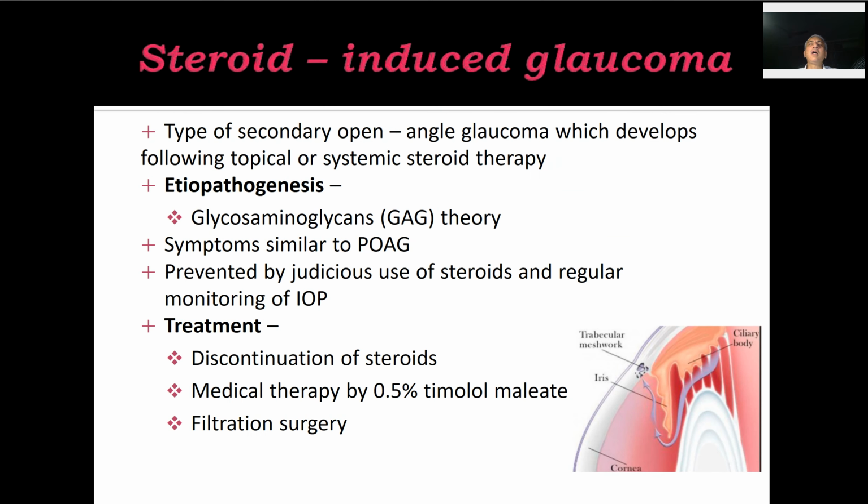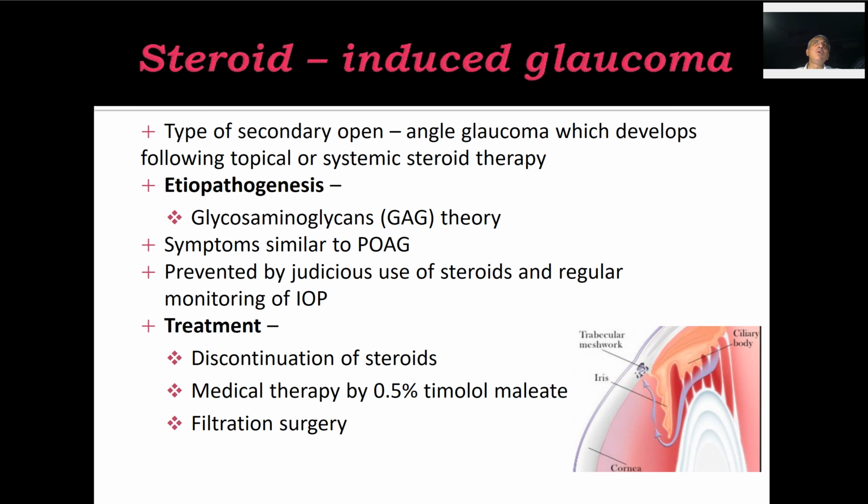Then we go on to steroid-induced glaucoma, which is a type of secondary open-angle glaucoma that develops following topical or systemic steroid therapy. The etiology is glycosaminoglycans, which are deposited in the trabecular meshwork by using steroids for at least 2 to 3 weeks.